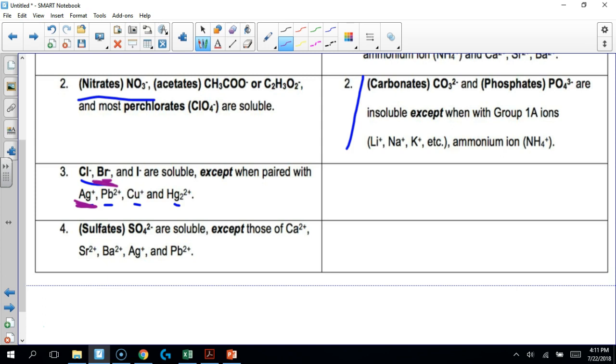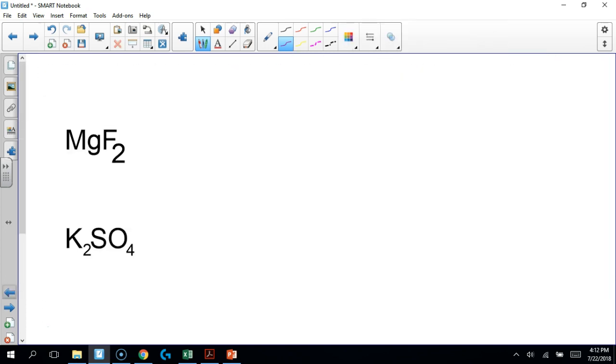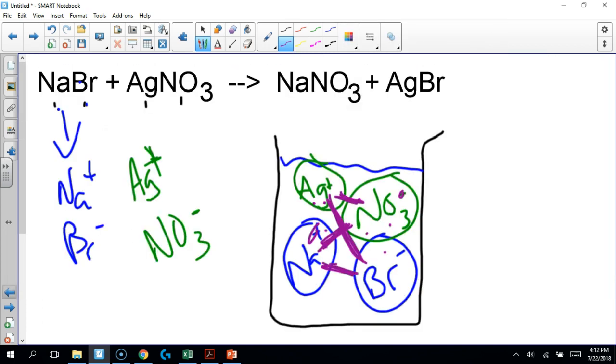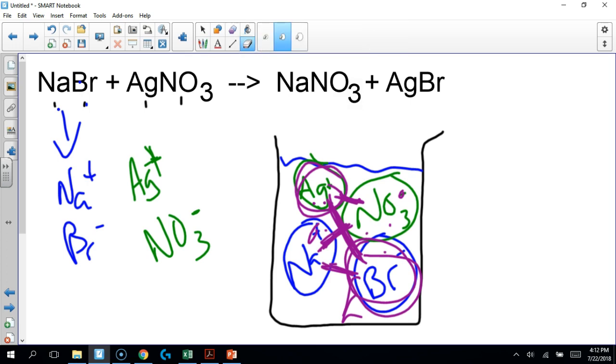So that means if they're not soluble, they stay together as a solid. So these two things find each other, and when they find each other, they hit, and then they leave because they come out as a solid. Okay, so let me get rid of this junk.